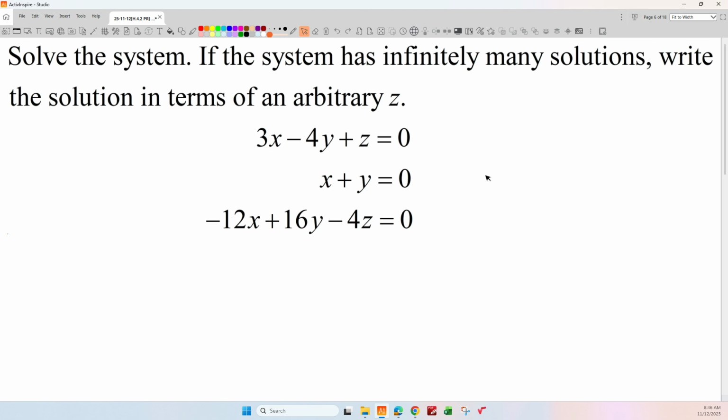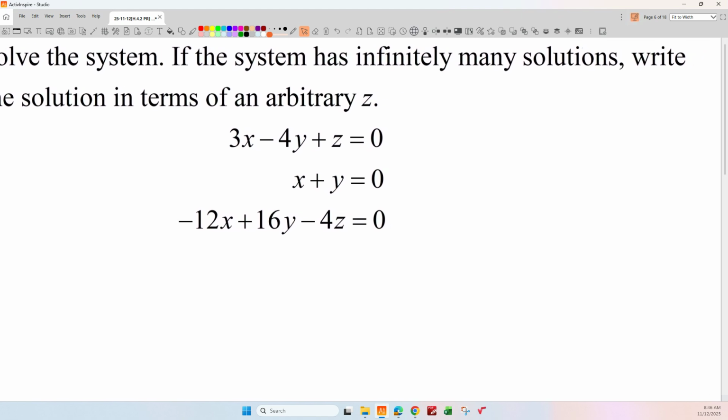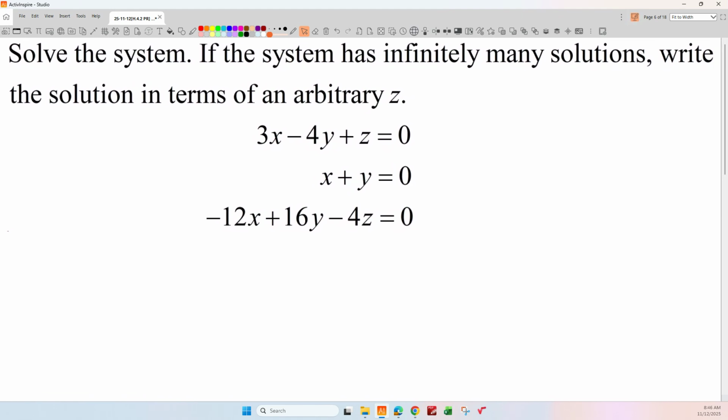So we said the top one we'd multiply by negative 4? Positive 4, right? Because we want to have opposite coefficients, so we'll eliminate the z term, right? So we'll leave the bottom one alone, and we'll multiply the top one by 4.